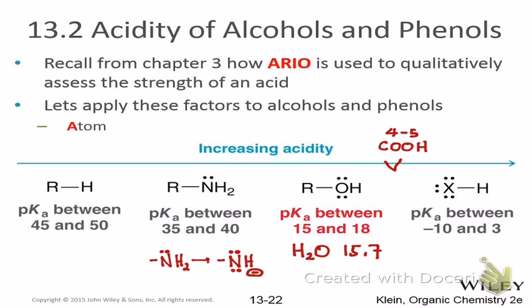We use this information to figure out which way an equilibrium will be in the course of a reaction. So for example, I want to make a new slide. I can pop this one back up in a second.